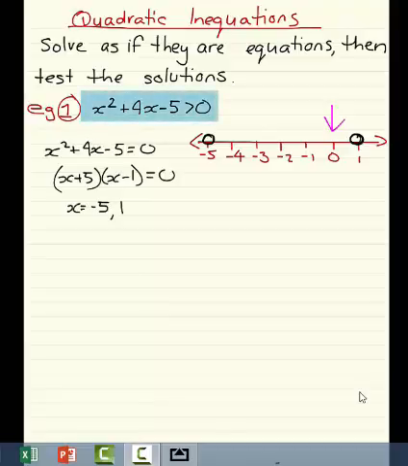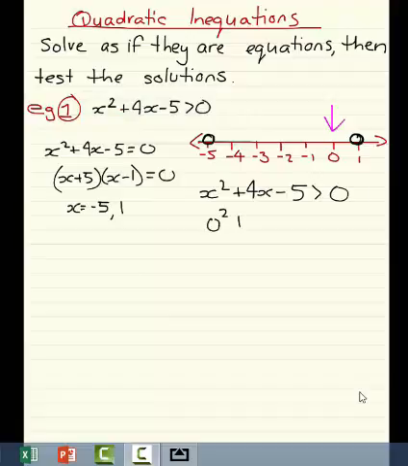So we've got x squared plus 4x minus 5 is greater than 0. Let's have a look. If we put in 0: 0 squared plus 4 times 0 minus 5. Is that greater than 0? So 0 squared plus 0 minus 5, we get minus 5 is greater than 0. Is this correct? No, it's not.